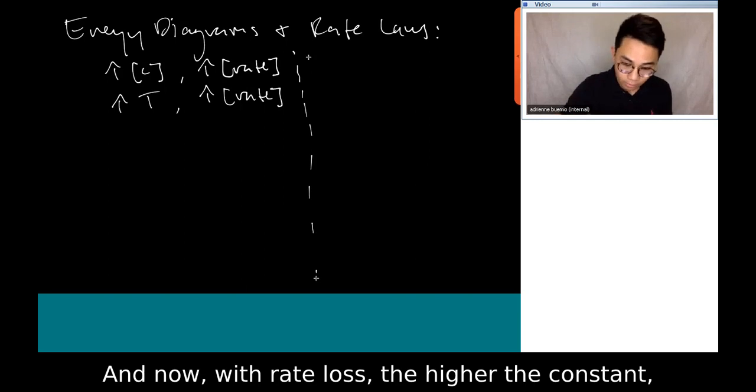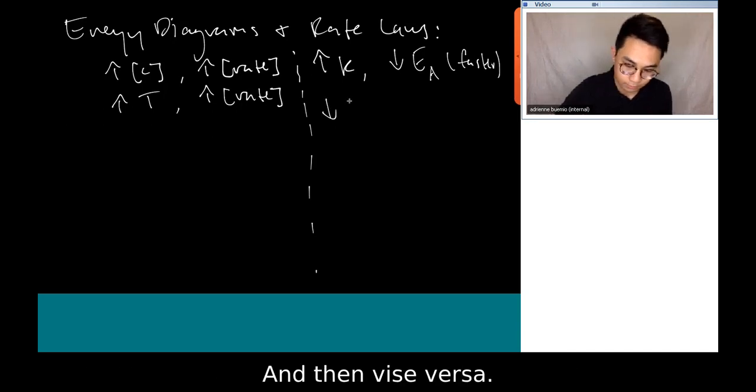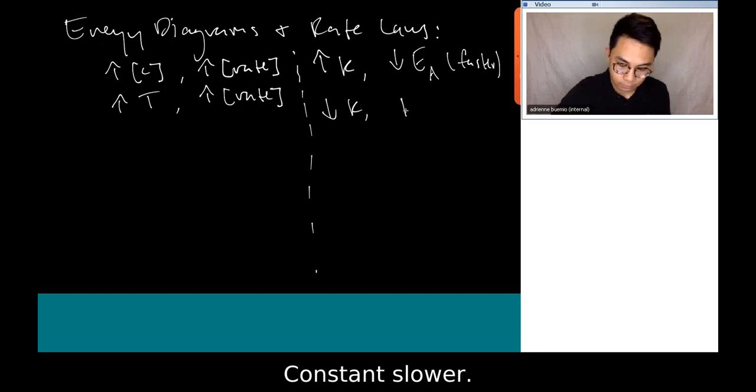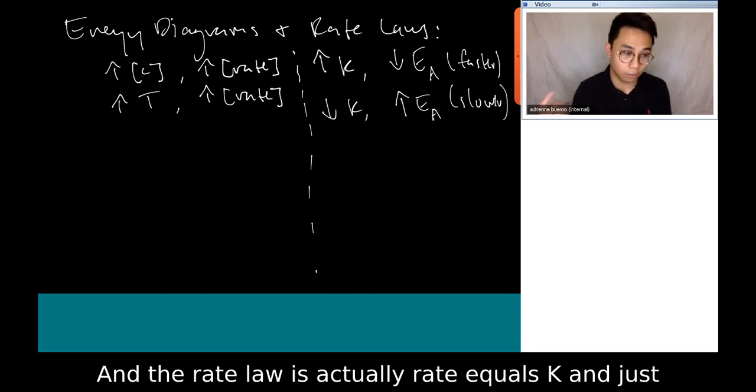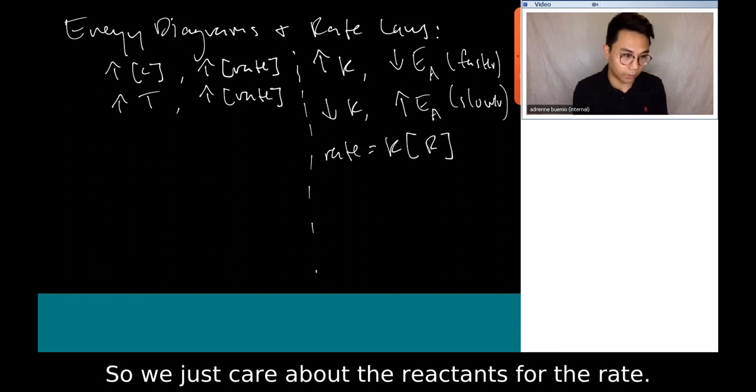And now with rate laws, the higher the constant, the lower the activation energy, which means it's faster, and vice versa, a lower constant means slower. And the rate law is actually rate equals k and just the reactants. So we just care about the reactants for the rates, right?